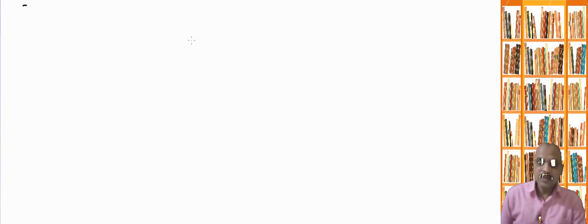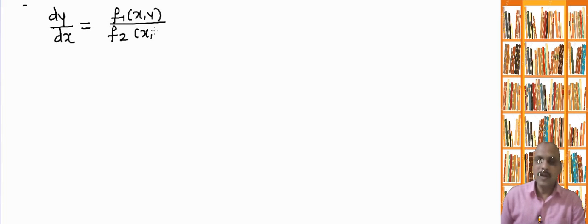The equation is like dy by dx equal to f1 of x comma y divided by f2 of x comma y.